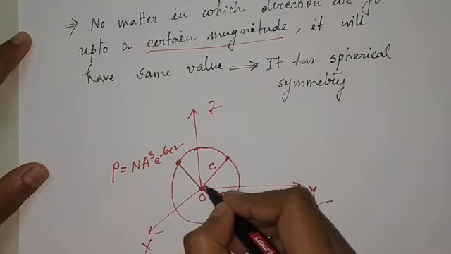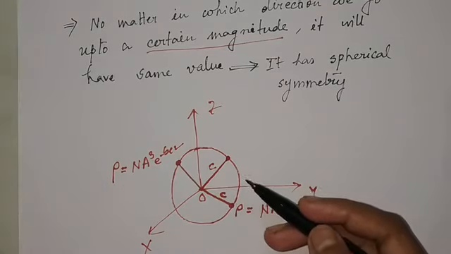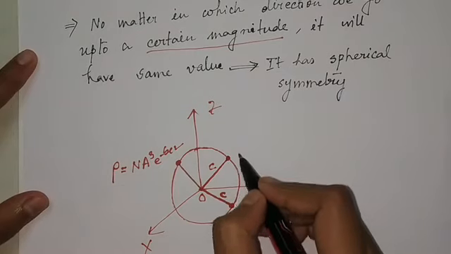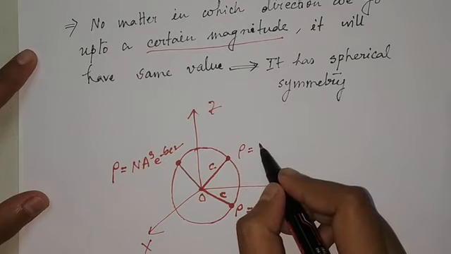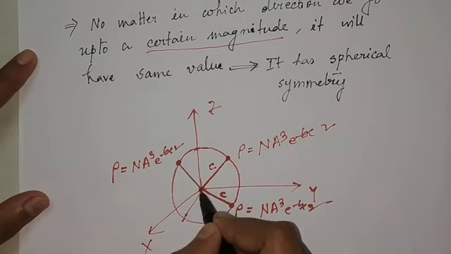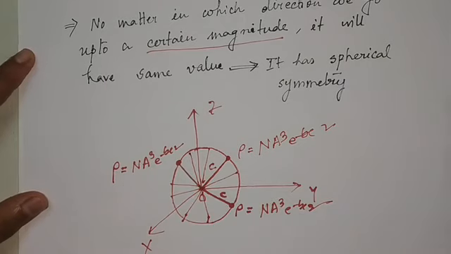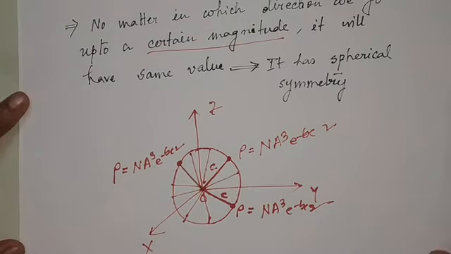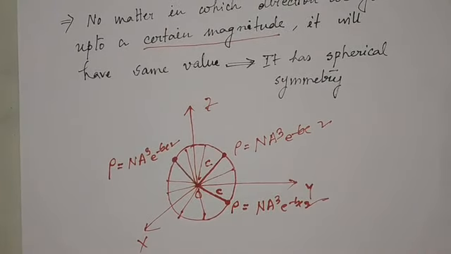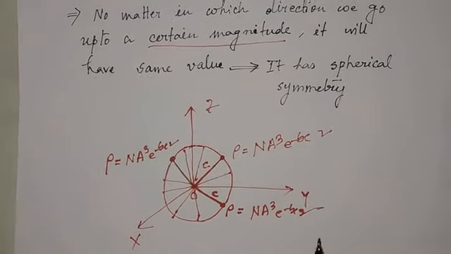Similarly, at this point, as we go in this direction up to the length c in the velocity diagram, we will reach the surface of the sphere, and over here we will find the same number density, rho equals n a cube e to the power minus b c square, and it is the same for all the directions. So it does not depend on direction, it does not have any preferential direction for the number density, okay. So that's why we can say that it has a spherical symmetry, okay.